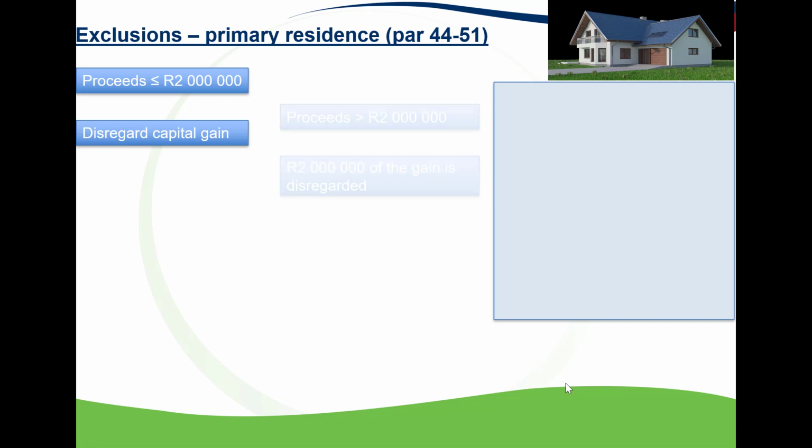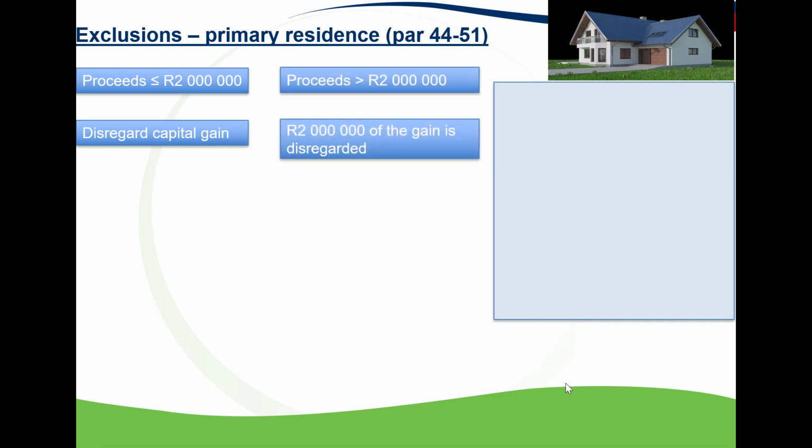If a taxpayer disposes of their primary residence for proceeds exceeding 2 million, they should disregard 2 million of the capital gain that they make. Now, there are a few things to take note of in terms of the 2 million that should be disregarded.